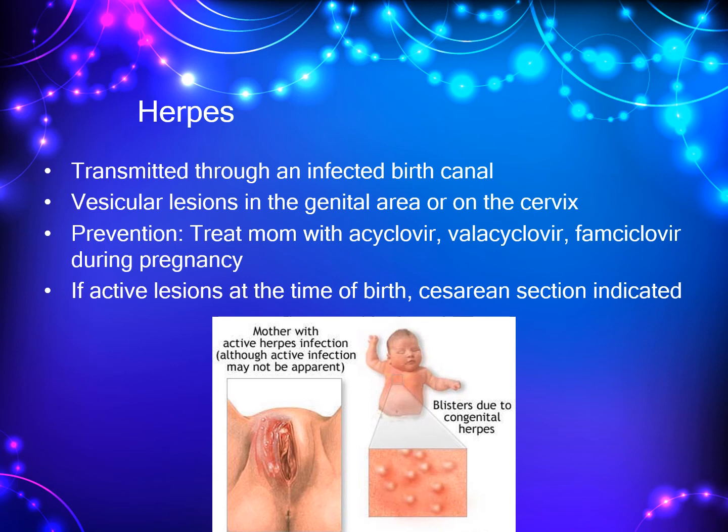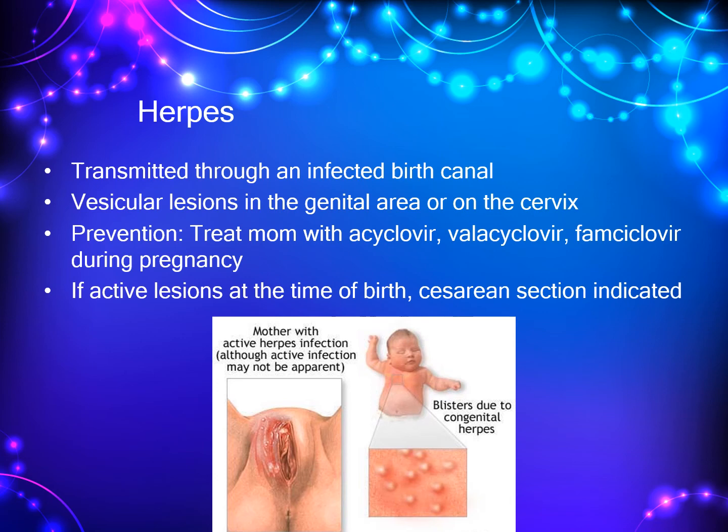All right, herpes is transmitted through an infected birth canal or an ascending virus once the rupture of membranes occurs. Vesicular lesions in the genital area or on the cervix.